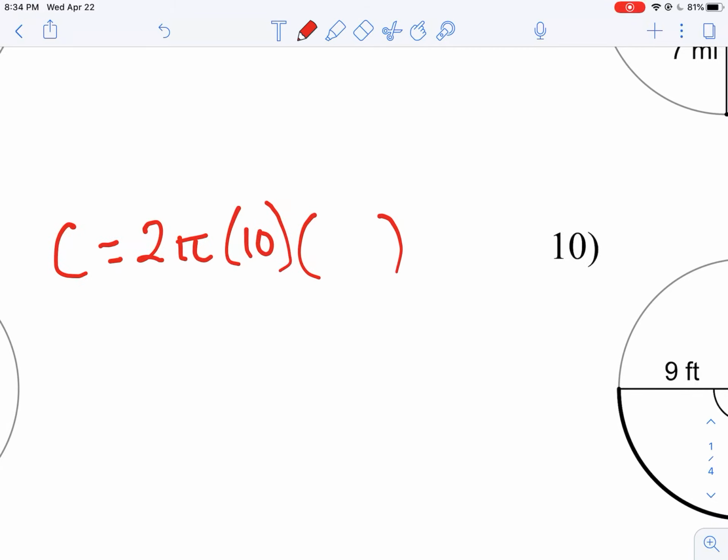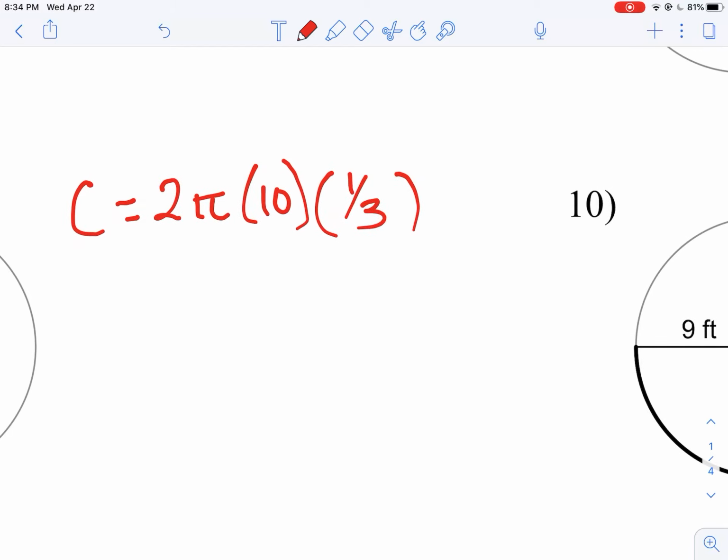So depending on how you want to do that, I'm going to use my calculator to do it. So I'm going to multiply everything, and I'll put 1/3 in parentheses when I multiply these to get my exact number. So we do 2 times pi times 10 times, parentheses, 1 divided by 3, end parentheses, and then enter.